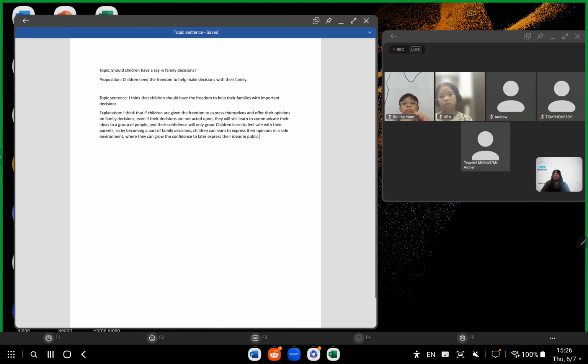So children feel safe with their parents. So by getting to give their opinions to their family, they learn how to give those opinions in a safe environment, and their confidence will grow so they can later on give their opinions in public with people they don't know.